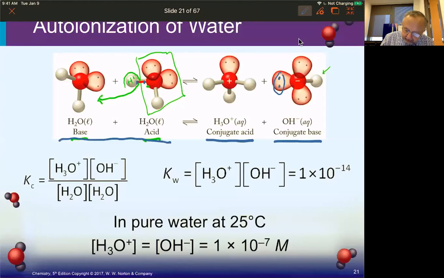So the Ka for this is called Kw, yet another K, and the W stands for water. Notice that the Kw is 10 to the minus 14, a very small number, which means that most of it is going to be in this form. In reality, about 1 in 10 million molecules will be dissociated like this.